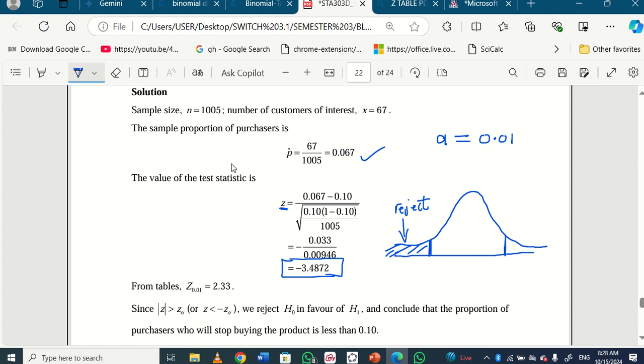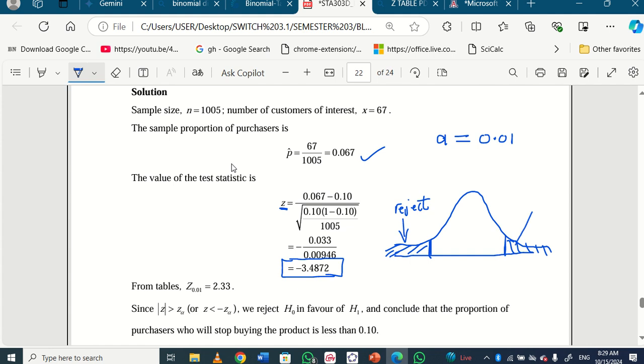We need to reject. But one thing you have to know is that a normal distribution is symmetrical. So if I am working on the left hand side, the area to the left of this critical point is the same as the area here. So I can also use this region.